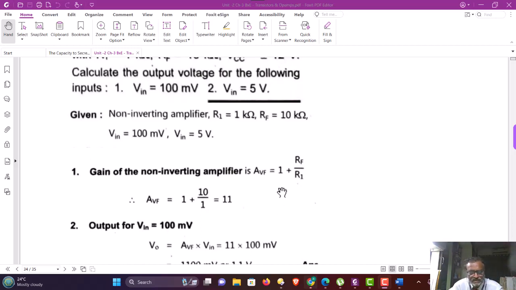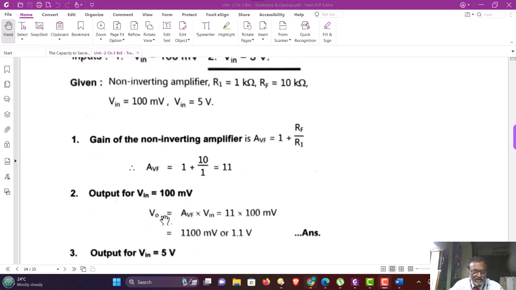We have just derived the expression for voltage gain with feedback, AVF equal to 1 plus RF by R1. Therefore, AVF comes out to be 1 plus 10 by 1, that is 11. So, when input is 100 millivolt, output is AVF into Vin, that is 11 into 100 millivolt, so 1100 millivolt, that is 1.1 volt. So we have calculated the output voltage for input equal to 100 millivolt.